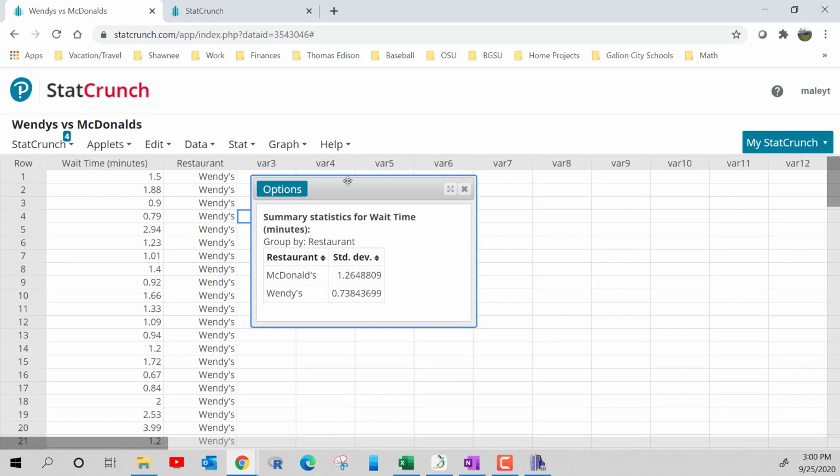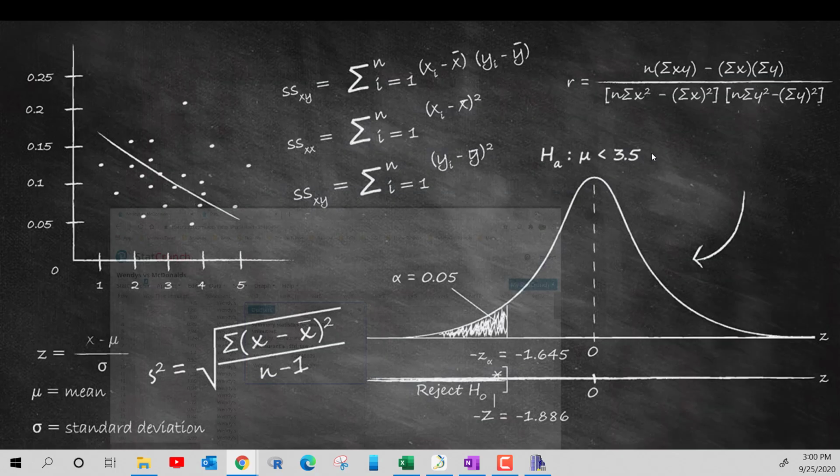So you can see that the standard deviation is higher for McDonald's, so that corresponds with having more horizontal spread, right? There's more variation in McDonald's versus the Wendy's. So Wendy's data is closer together, where McDonald's is more spread out, right? Just like how we were looking at the beginning, like at the histograms.